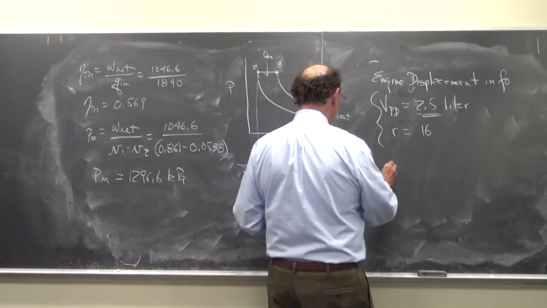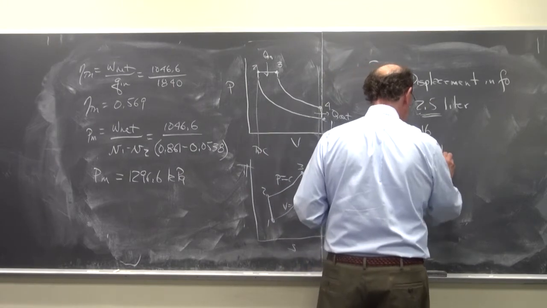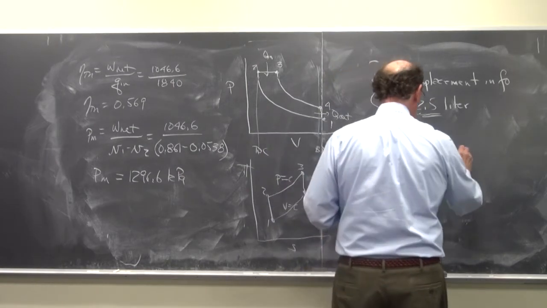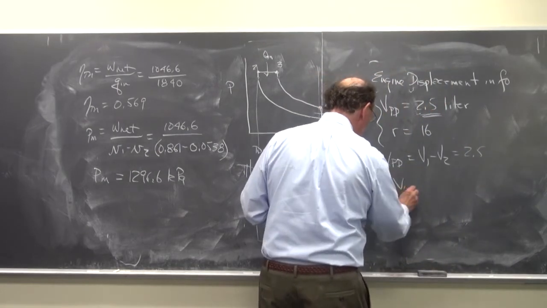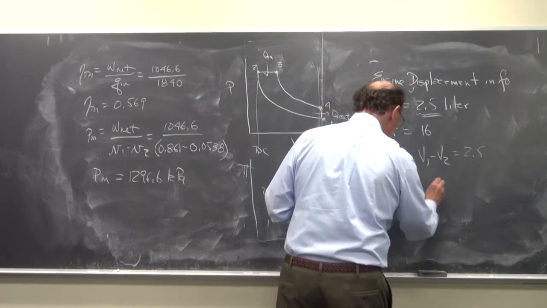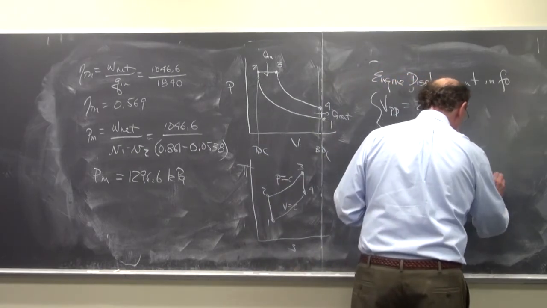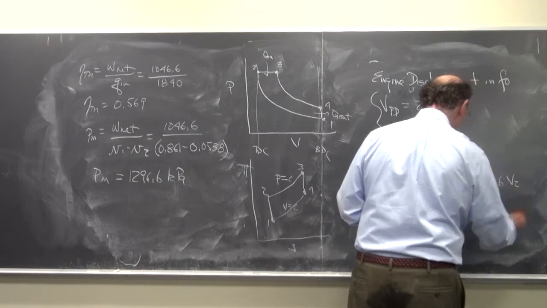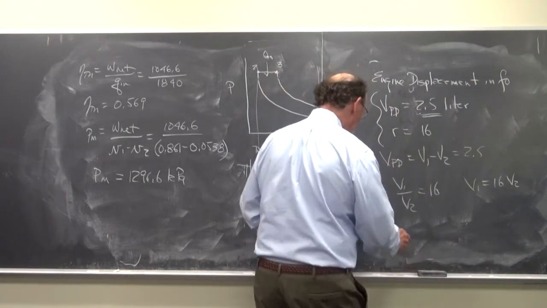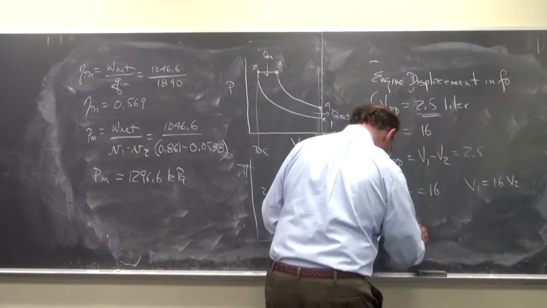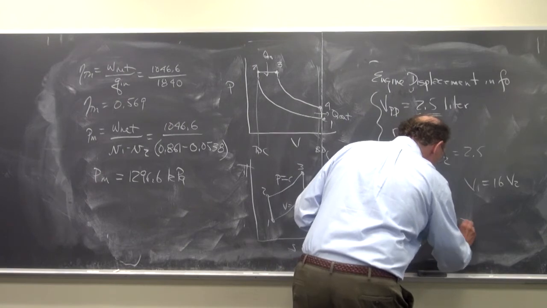So V sub PD is equal to V1 minus V2, and we know that's 2.5 liters. And V1 over V2 is equal to 16. So V1 is equal to 16 V2. And suddenly I can solve for V2. And I get that V2 is equal to 0.1667 liters.